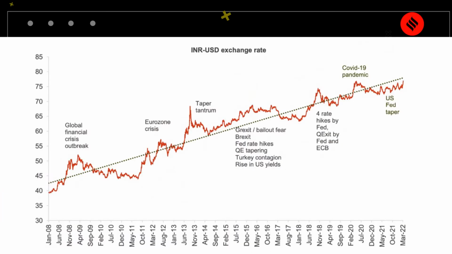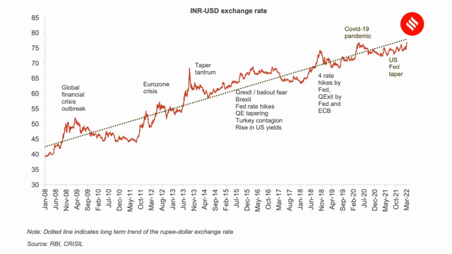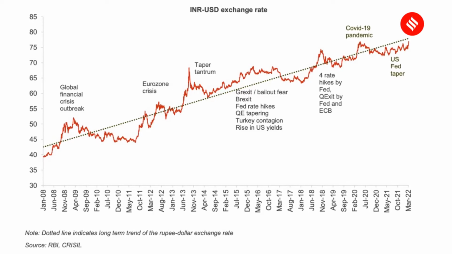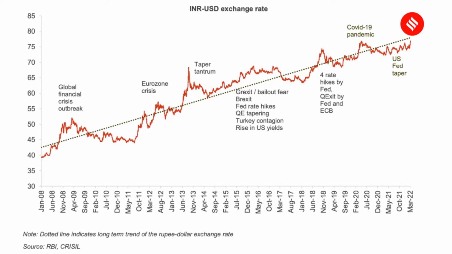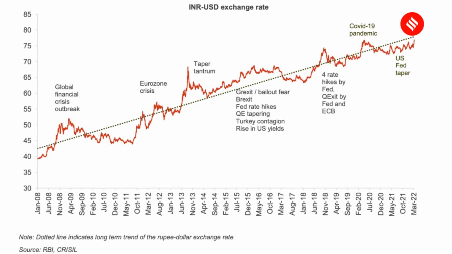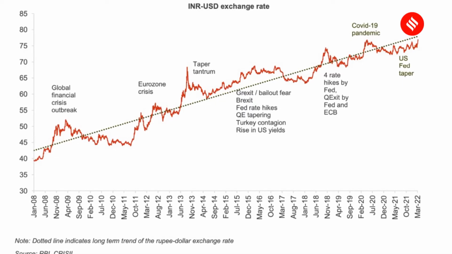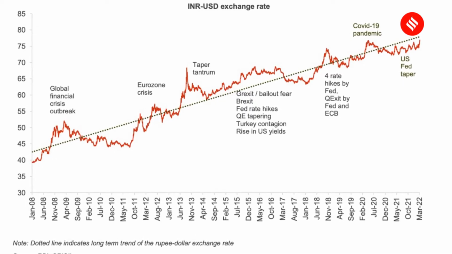Yes. So when we speak about resilience, we are measuring the value of the rupee against the US dollar. And we are essentially comparing the current situation with two other situations in the past, which were similar shocks that came in from the external side. The first shock was the global financial crisis in 2008. The second was the taper tantrum in 2013.